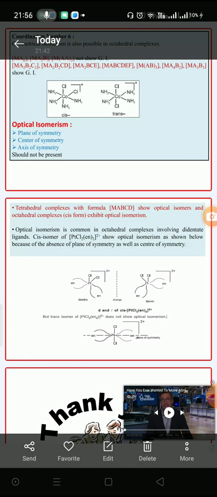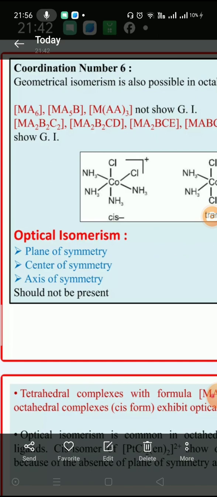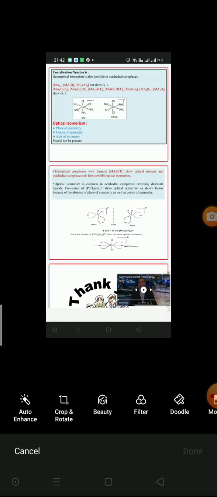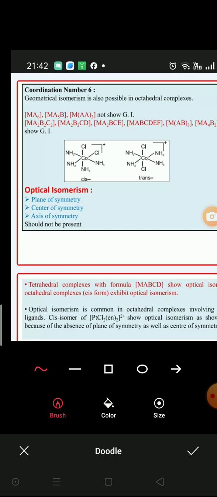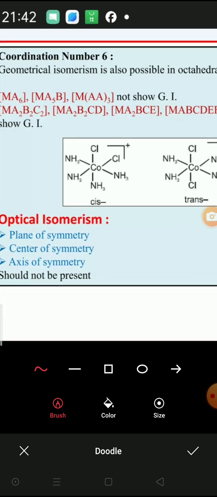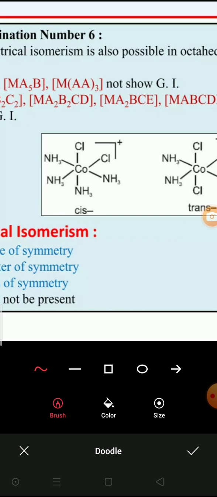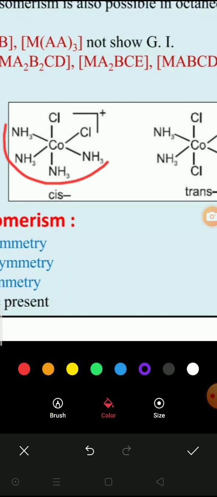Now, moving ahead to the coordination compounds in which the central metal has coordination number 6, means it can attach to 6 different atoms. In this example, if you see here, all the same kind of groups are on the same side, that is NH3 are together, whereas Cl is also together, side by side.